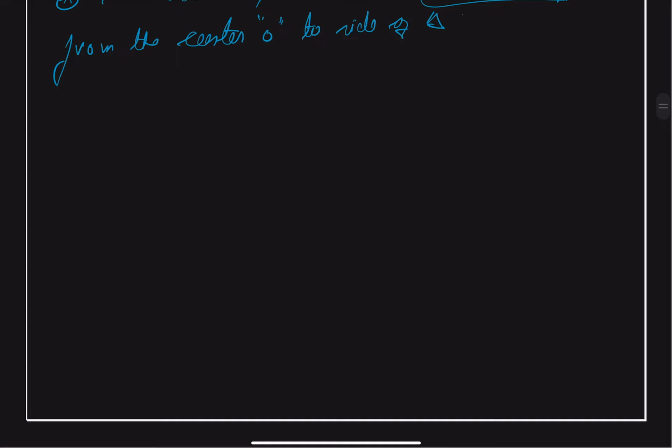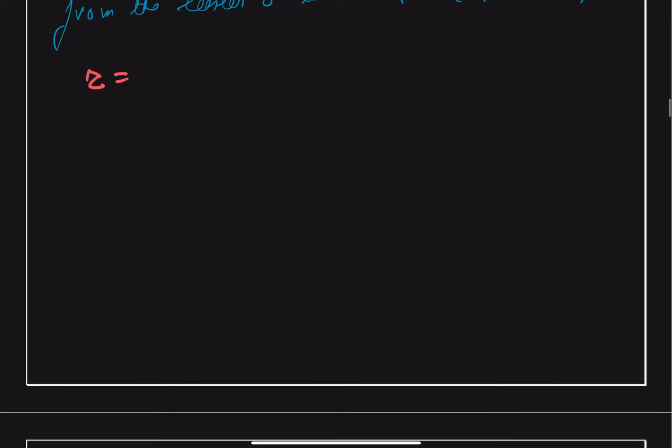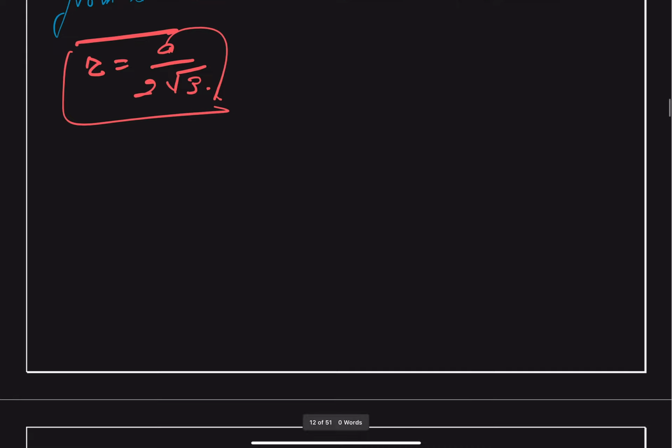Please keep in mind this triangle is our equilateral triangle. So we can write that this distance we called as R will be equal to A upon 2 square root of 3. Now we can find out the magnetic field, and A is our 1. So we can write this as that R is equal to 1 upon 2 square root of 3.